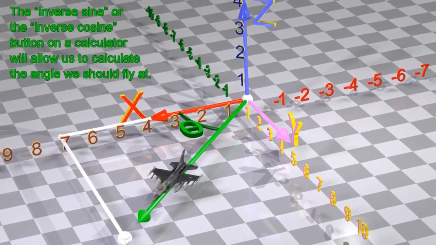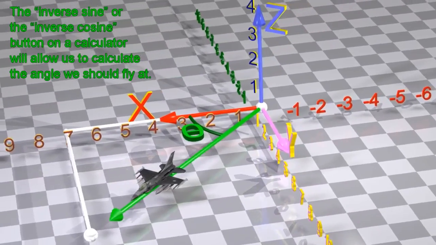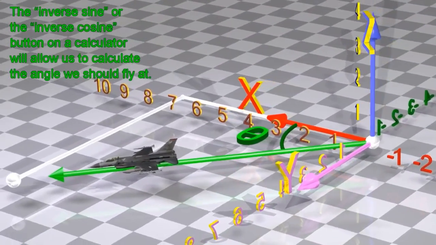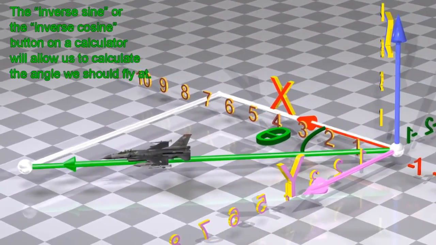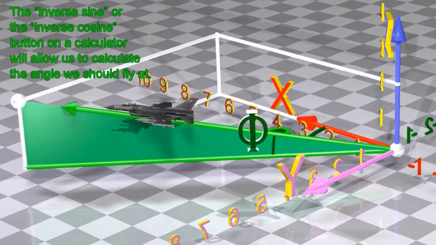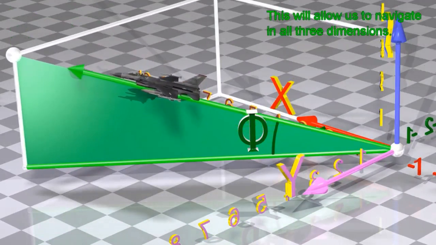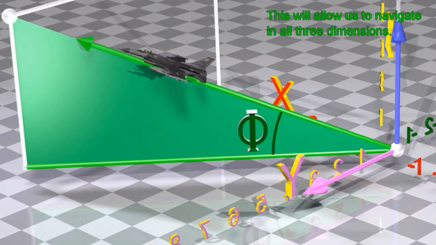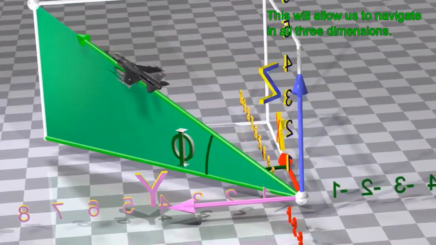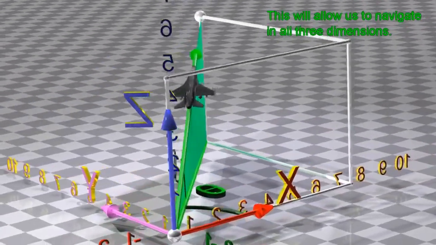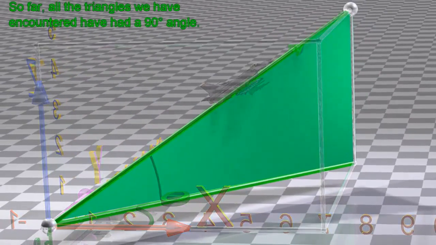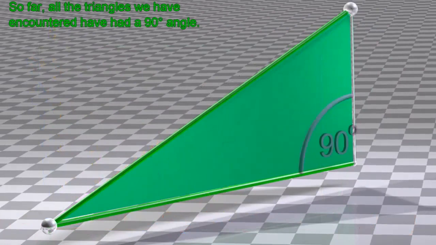The inverse sine, or the inverse cosine button on a calculator will allow us to calculate the angle we should fly at. This will allow us to navigate in all three dimensions. So far, all the triangles we have encountered have had a 90-degree angle.